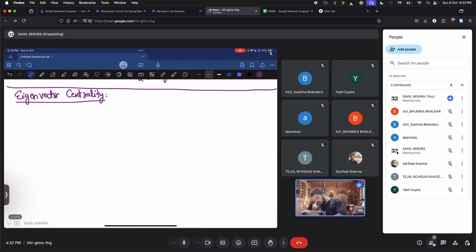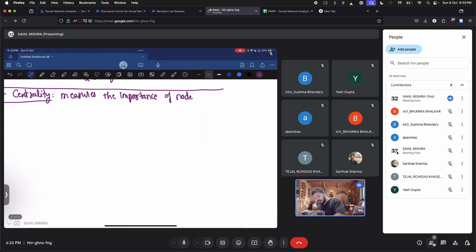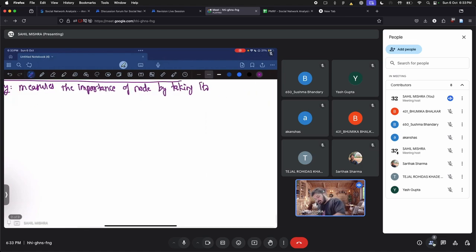So eigenvector centrality measures the importance of a node by taking the preference of its neighborhood, its neighbors.